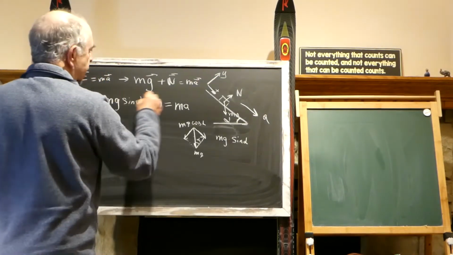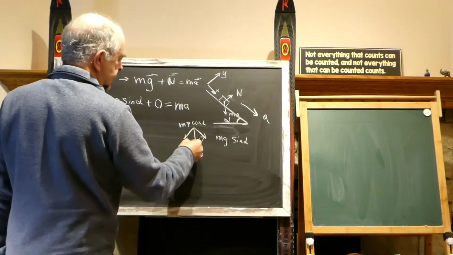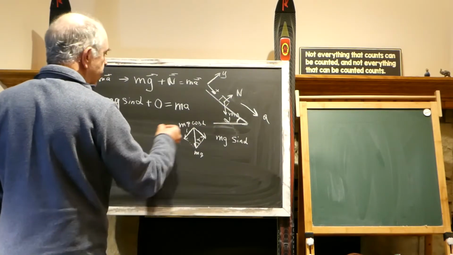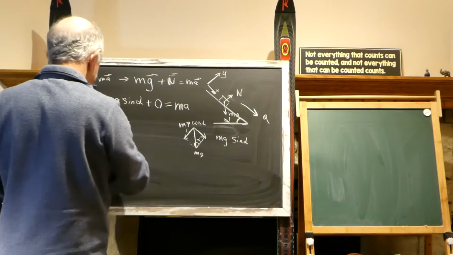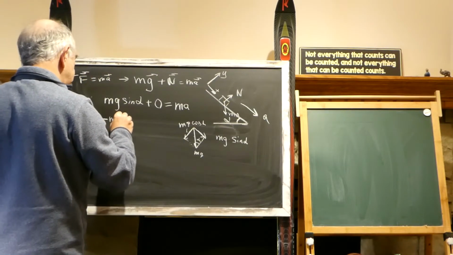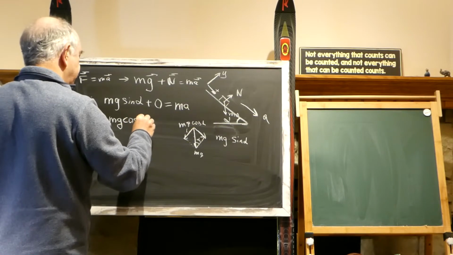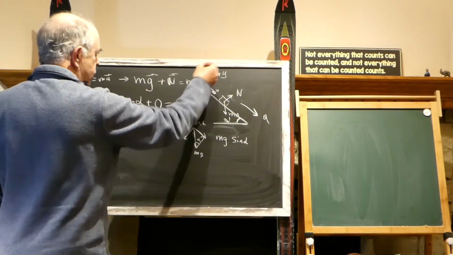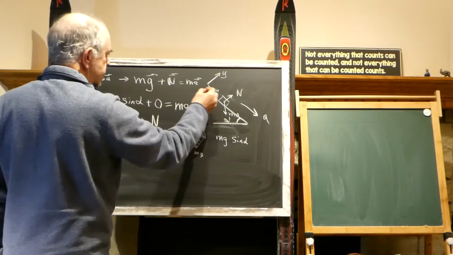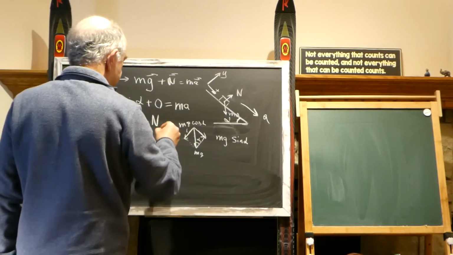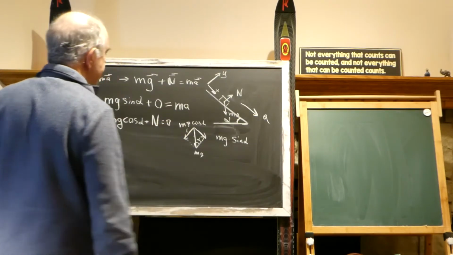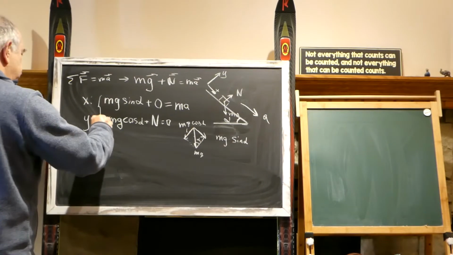And along the y-axis, we have mg, and as I said, this is mg cosine alpha, and it's directed negative, so it would be minus mg cosine alpha, plus N is positive and it's a full force, it's only one projection, and a is equal to 0. And we have two equations.